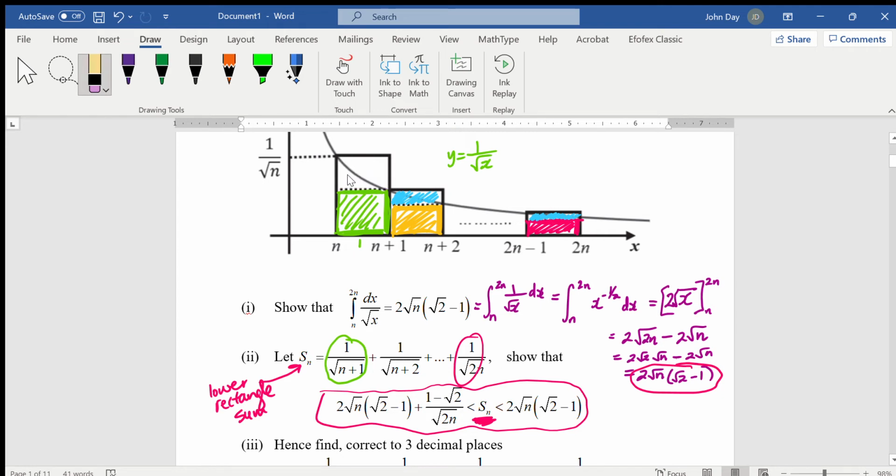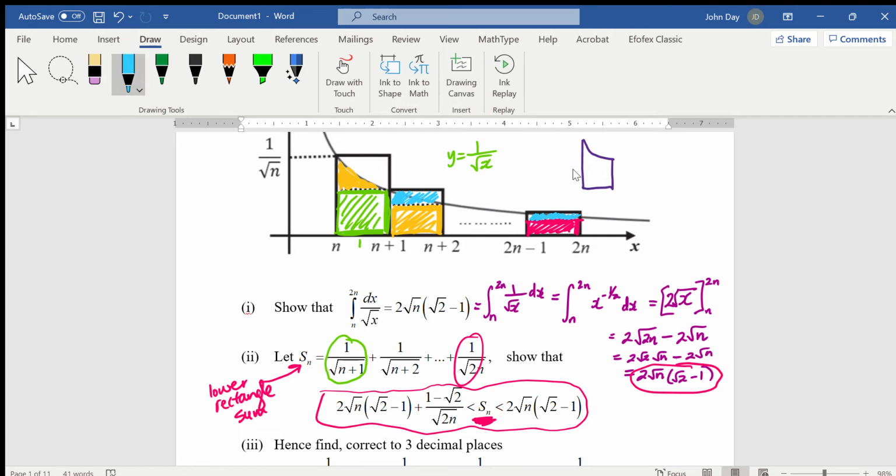Or I can put this another way. If we had just taken this yellow bit that I'm colouring in and we subtract it from the actual area under the curve in this strip, we'll get the green piece, the lower rectangle. So in a particular strip, that's what the curve looks like.